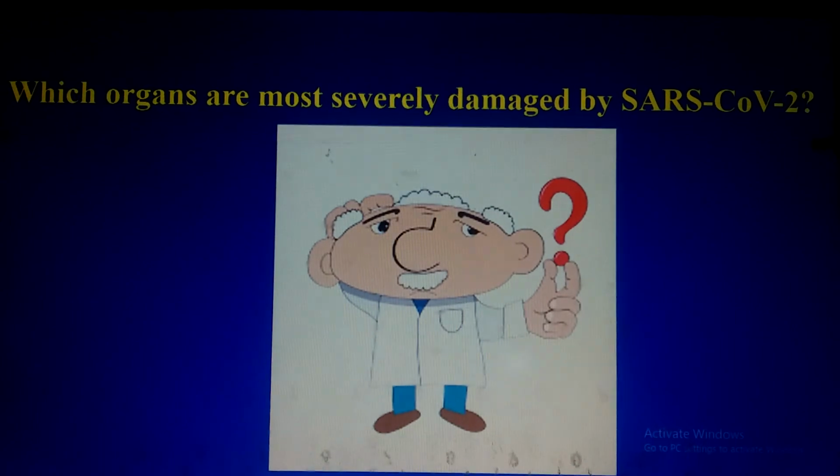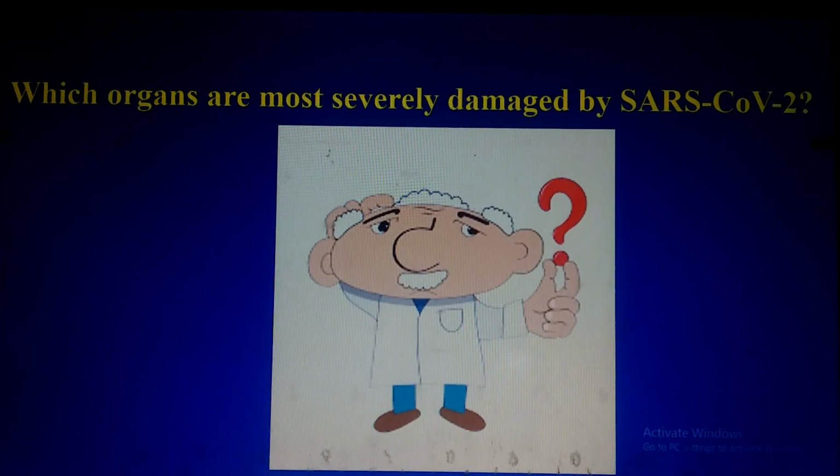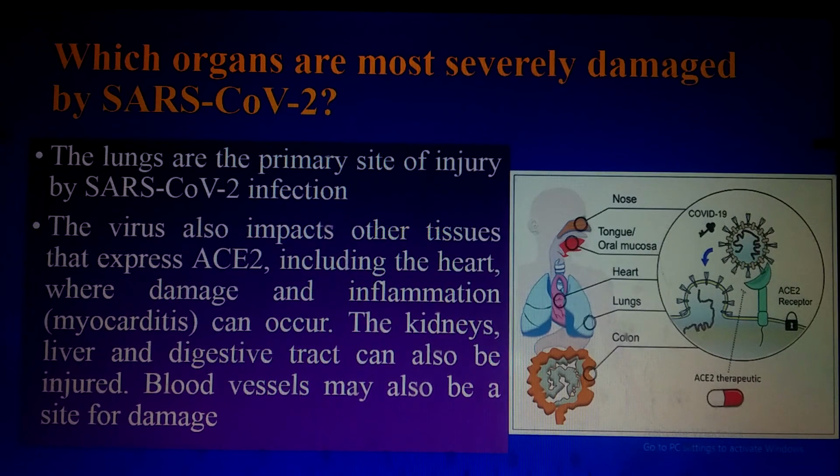Now, which organs are most severely damaged by SARS-CoV-2? Most people ask which organs are severely damaged by SARS-CoV. All those organs which have ACE2 and transmembrane proteases can be affected. The lungs are the primary site of injury by SARS-CoV-2 infection.